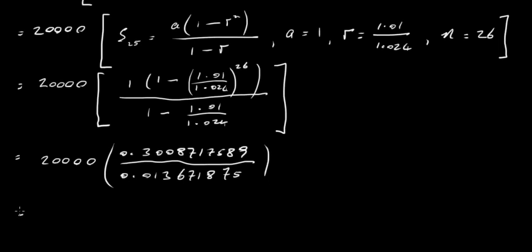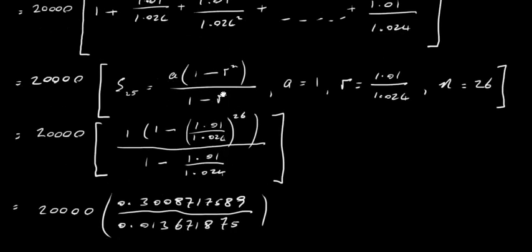Okay, now when you work this out, then you get 440,132.40 euros. So this is your answer really. You need 440,132 euros and 40 cents in the account at the beginning of the 25 years.